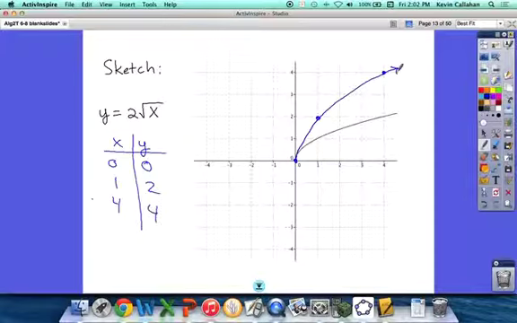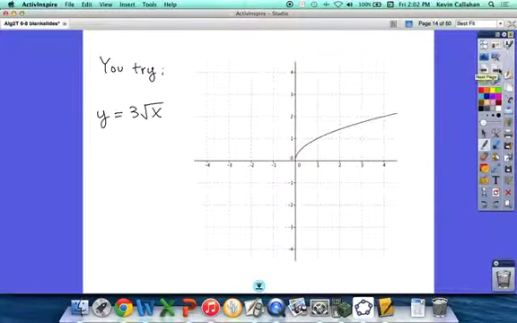So it's going up faster than the parent function. And that, again, is called a stretch. Good on that? Then you try another graph, try to do the same for y equals 3 times the square root of x.